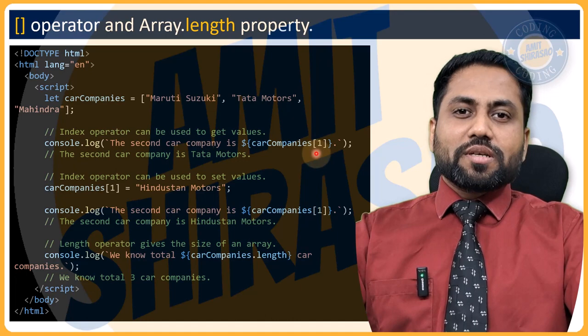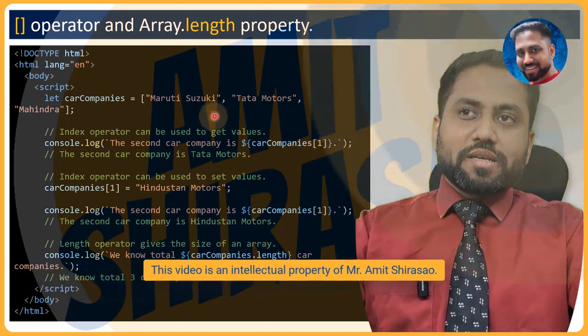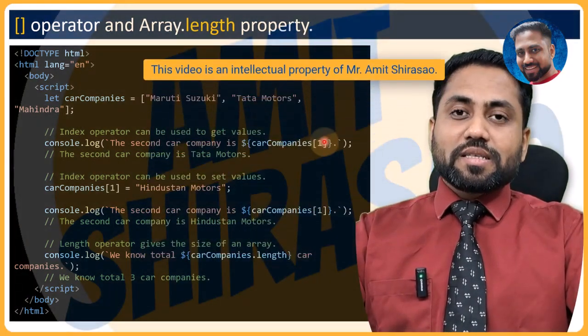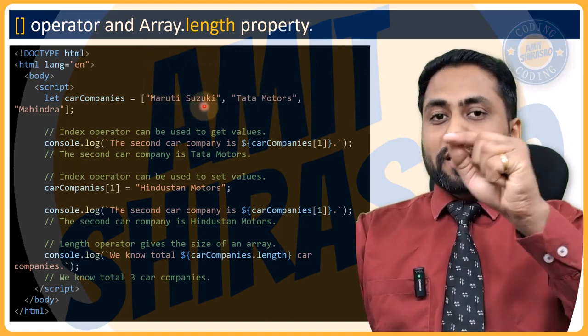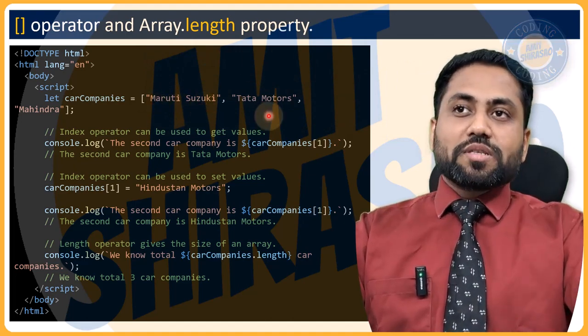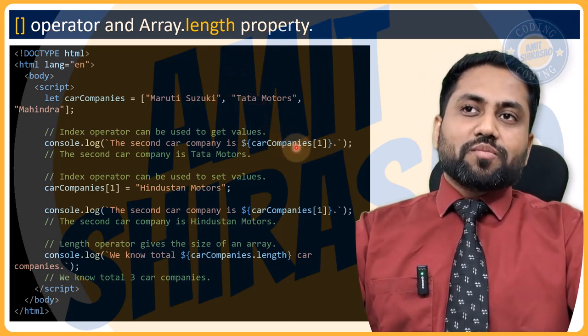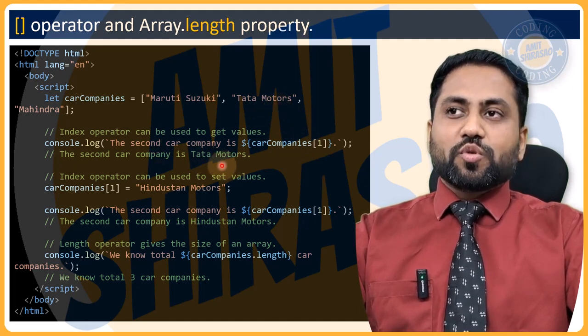This is not actually the first element, second element, nothing like that. It is the element at index number 1, and indices as you know start from 0. So Maruti Suzuki is at index 0, Tata Motors is at index 1, and that's why when I say carCompanies of 1, it means Tata Motors. So here you will see Tata Motors.